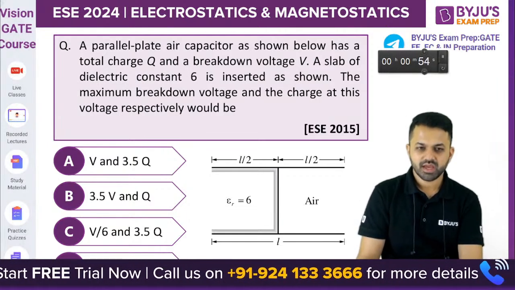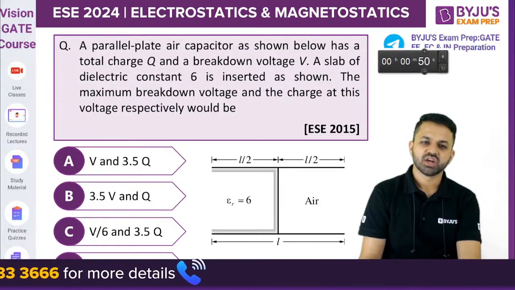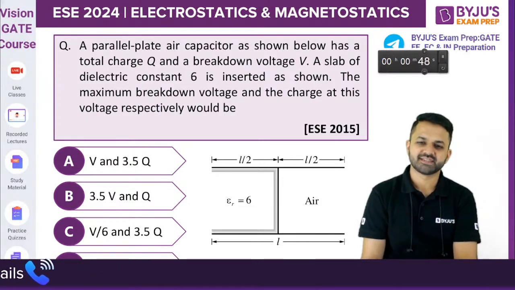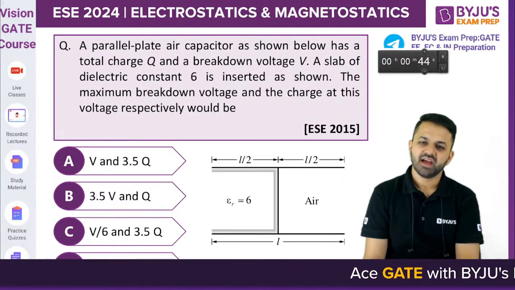A parallel plate air capacitor, as shown below, has a total charge Q and the breakdown voltage is V. A slab of dielectric constant 6 is inserted as shown below.